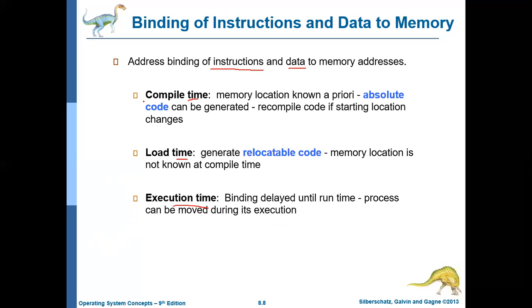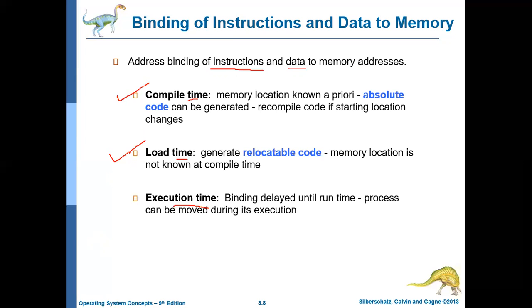Okay, first let us see what is compile time? Compile time means the time at which you are compiling the program, that is called compiling. You may compile but you may not execute it. So the binding that happens during compilation is called compile time binding. The binding that happens at load time, that is while loading. Actually compile time and load time are related.